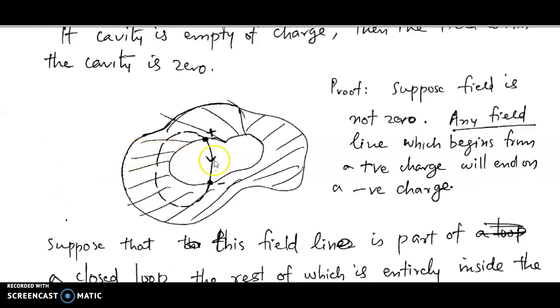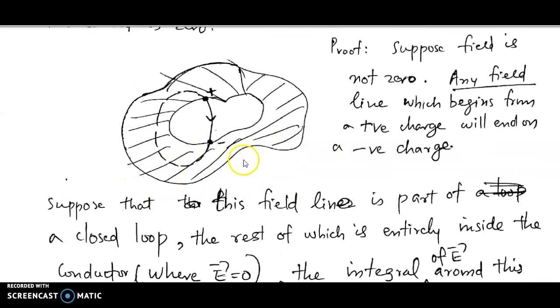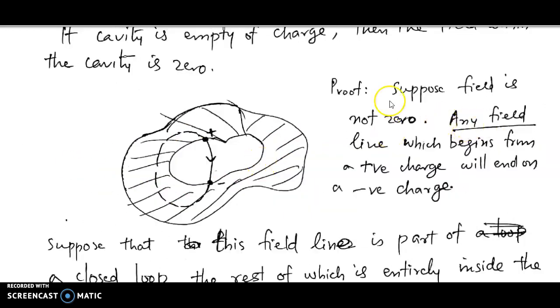Now that can be explained by imagining first that field is not zero inside the cavity. Suppose that positive charge is here, negative charge is here, and it creates an electric field inside the cavity. This is the field line which starts from positive charge and ends in the negative charge. It's creating a field inside the cavity.